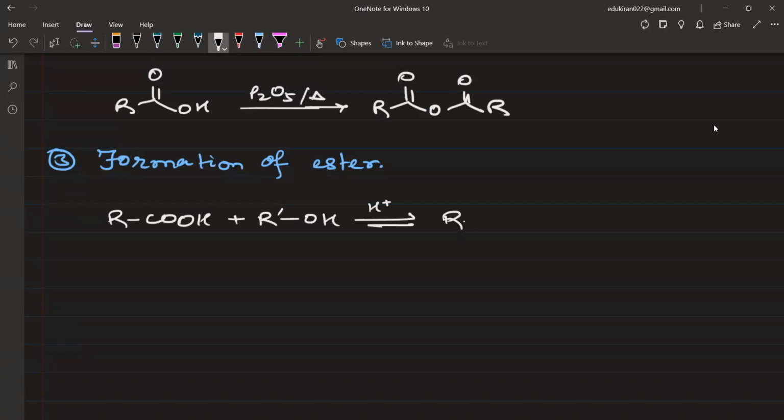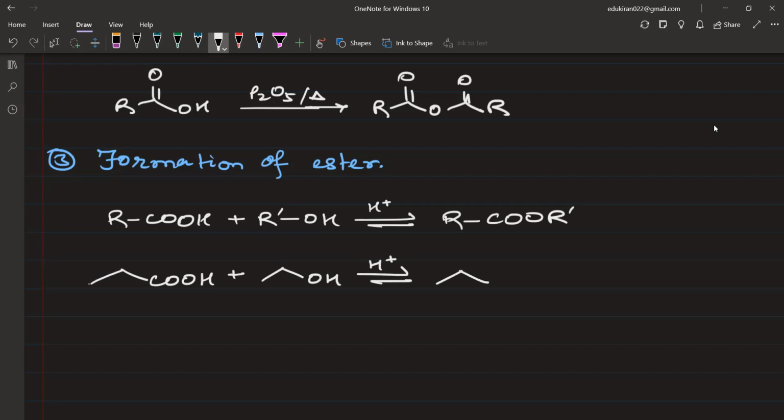You will get R COO R dash. For example, if you have 3 carbon atoms with carboxylic acid and you have 2 carbon atoms OH, then in the presence of H plus, it is going to give you CH3 and C double bond O followed by O and then 2 carbons, C2H5.